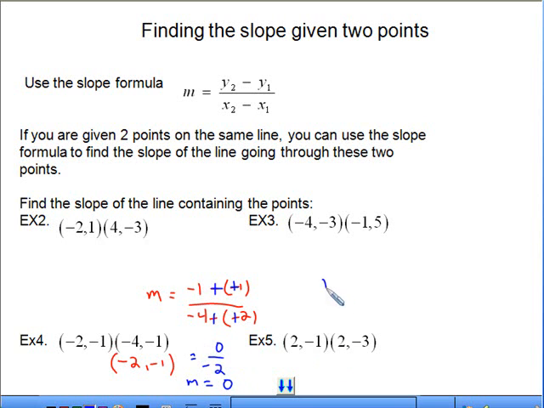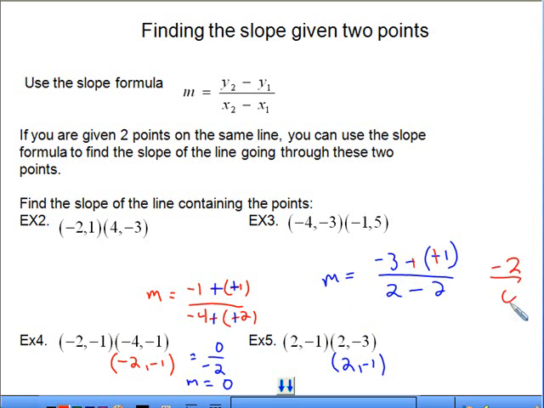Over here, let's stack and subtract. So we have 2 and negative 1. Start with the y's, negative 3 minus negative 1 over 2 minus 2. Two negatives next to each other become positive. So we end up with negative 2 over 0.